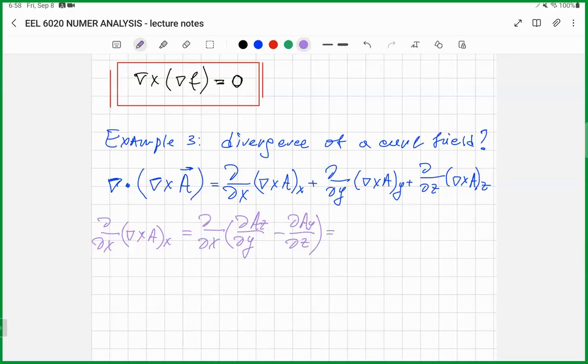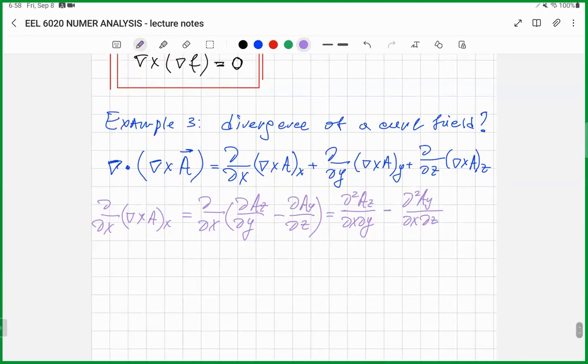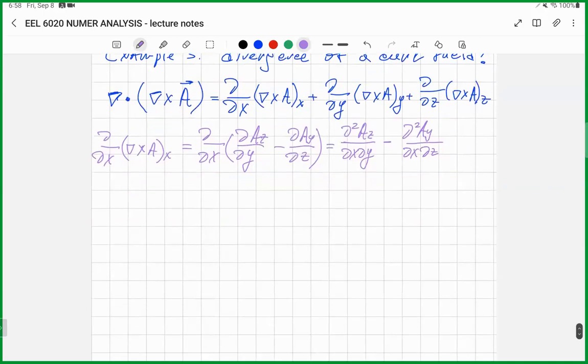And the result is d2Az over dx dy minus d2Ay over dx dz. I remind you that it doesn't matter in which order you take the mixed derivative. Okay, this is the first term.